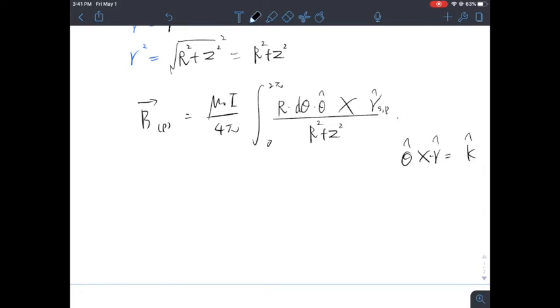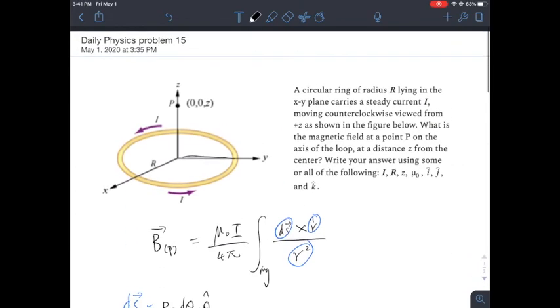So our k hat will be positive. And also, don't forget that this r hat is a unit vector from the source to the position, not only the horizontal component. So we need another expression for our r hat. How can we express our r hat in terms of things we know?